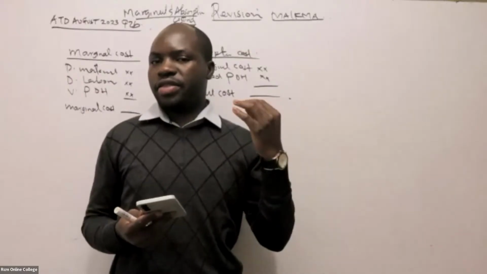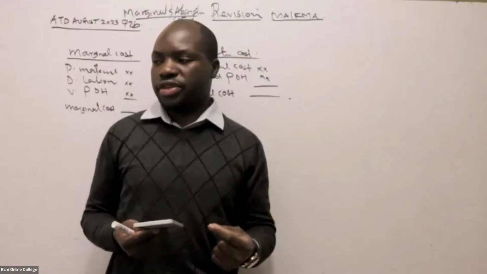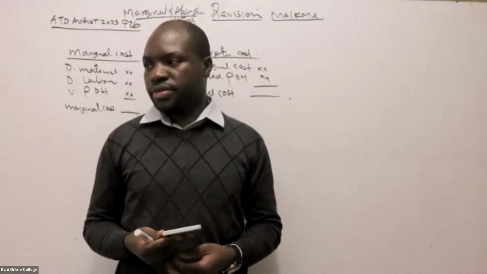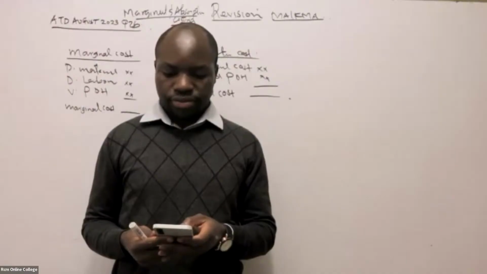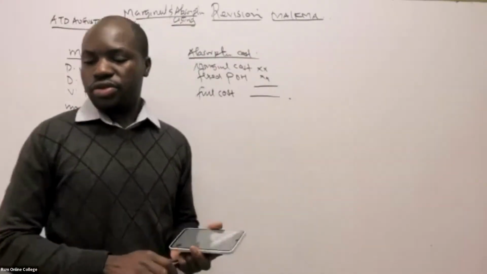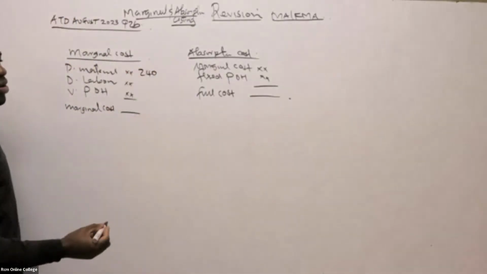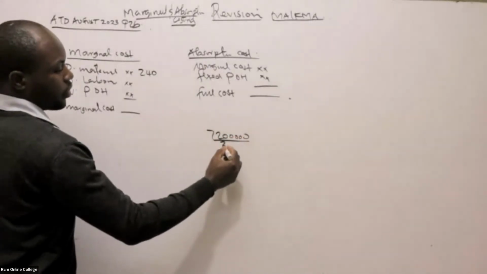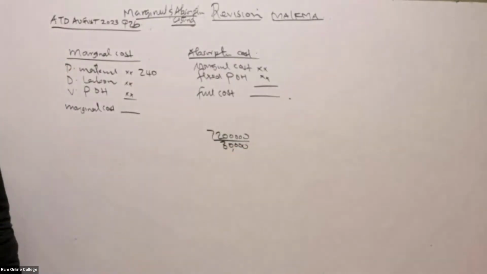When you divide that by 30,000, what is your material cost per unit? You are getting 240. 7,200,000 divided by 30,000, which represents the units that were produced.